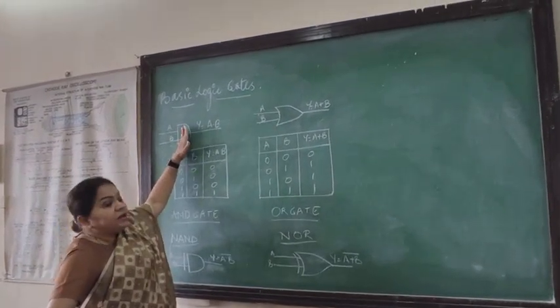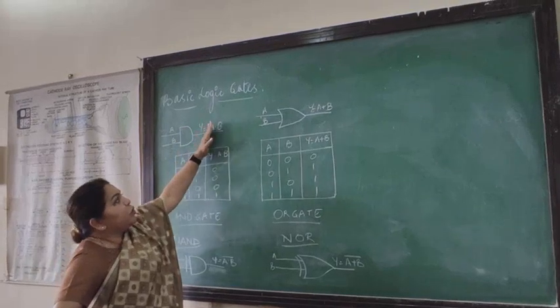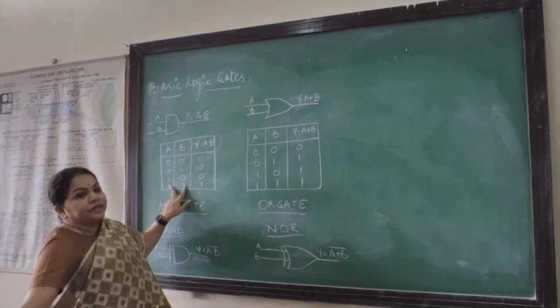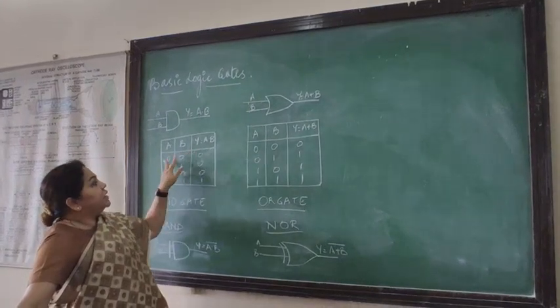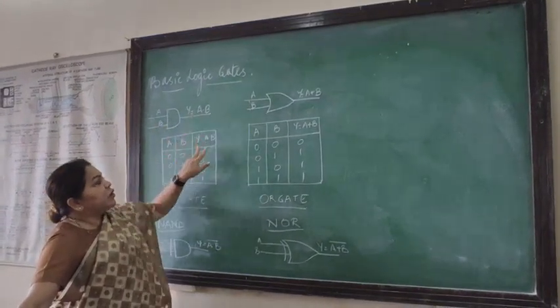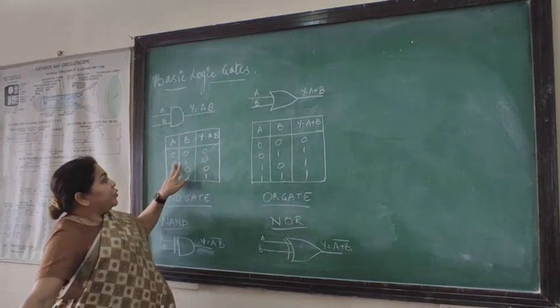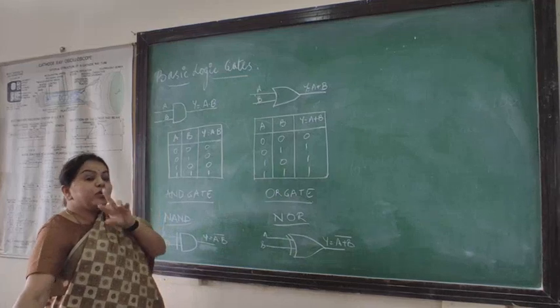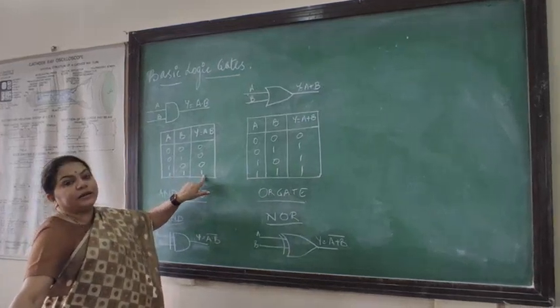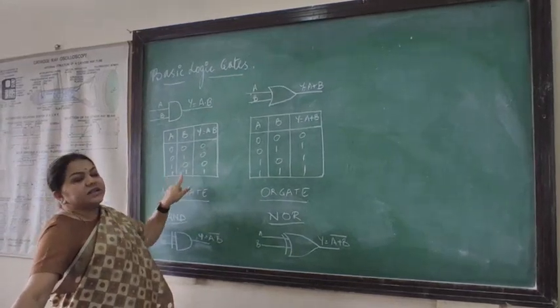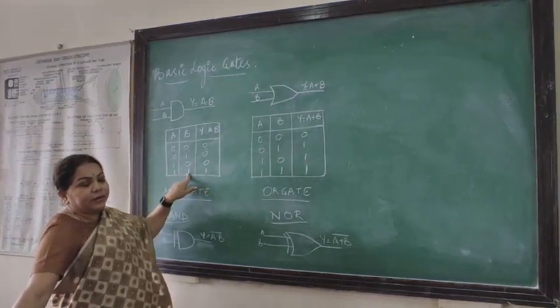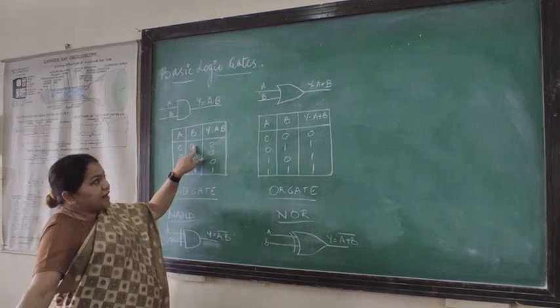The AND gate will only show 1 when both the inputs are 1. When both the inputs are 0, the output is 0. When one input is 0, again there will be no output because you need two ones to make a 1. So the output is going to be high only when both the inputs are 1. This is your AND gate.